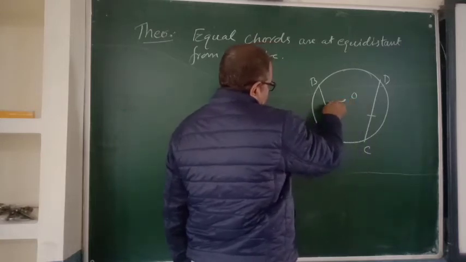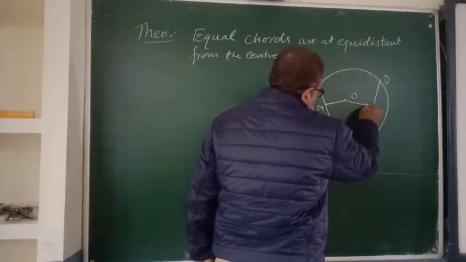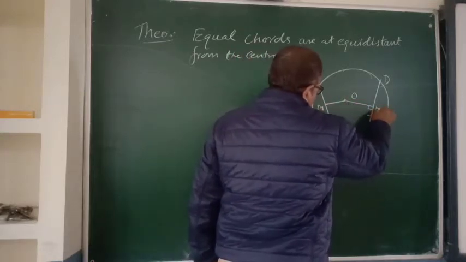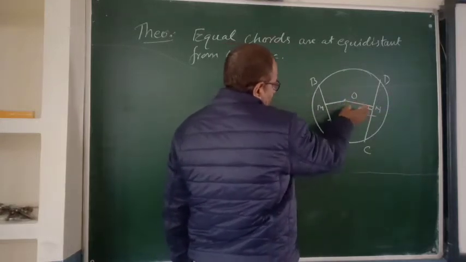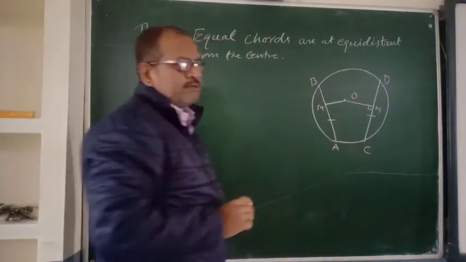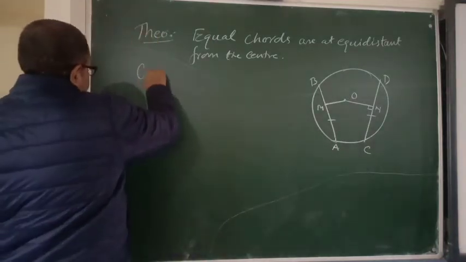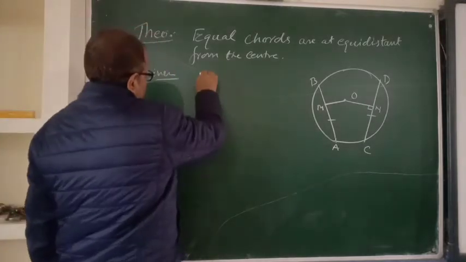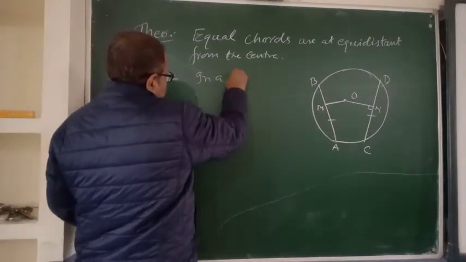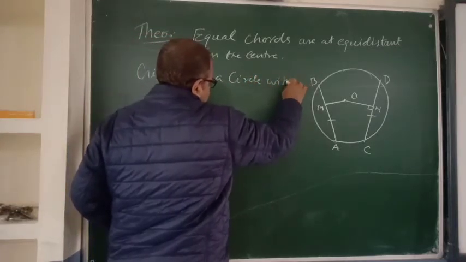So draw the perpendicular from O on this chord, suppose M, and ON perpendicular to the other chord CD. We have to prove that OM and ON both are equal. So write the given things.